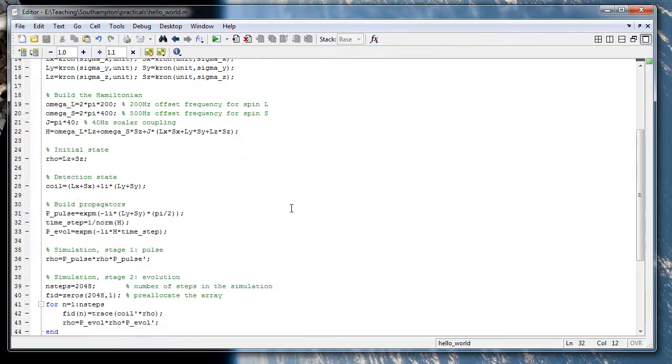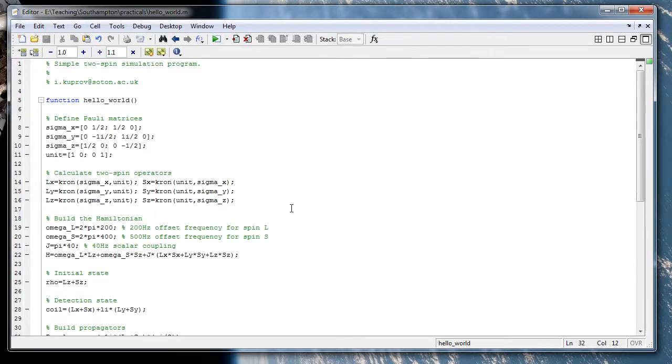Okay, that's it for this practical, as it were. I've taken you from a blank page in MATLAB to a fairly functional, as you can see, simulation of a two-spin system. So the last thing to note here, before we wrap things, is if you want to extend it to 3-spin systems, then what you have to do is to declare third spin here.